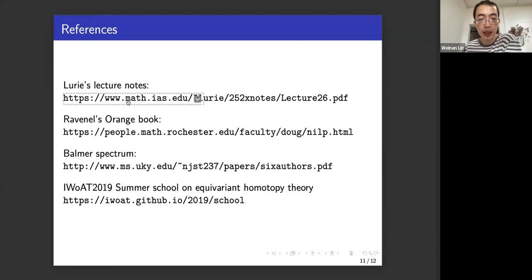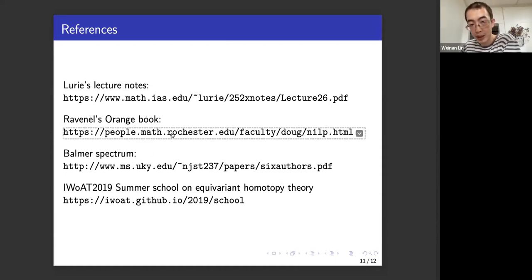You have Lurie's lecture notes covering the thick subcategories, and the theory of thick subcategories, or I should say the type N theory, is closely related to something called vn self maps or periodic self maps, and you can find a lot of those things in Ravenel's Orange book.